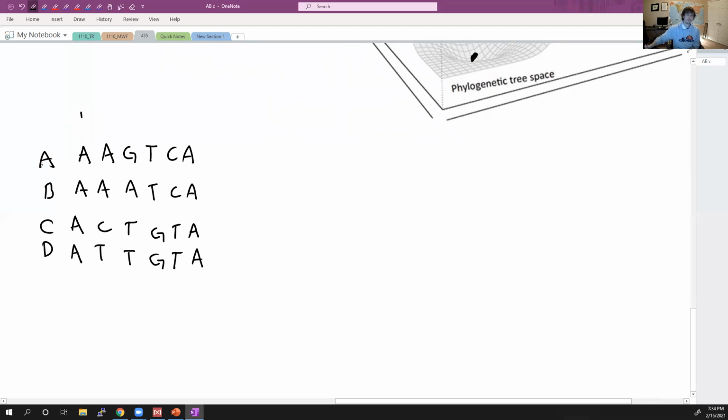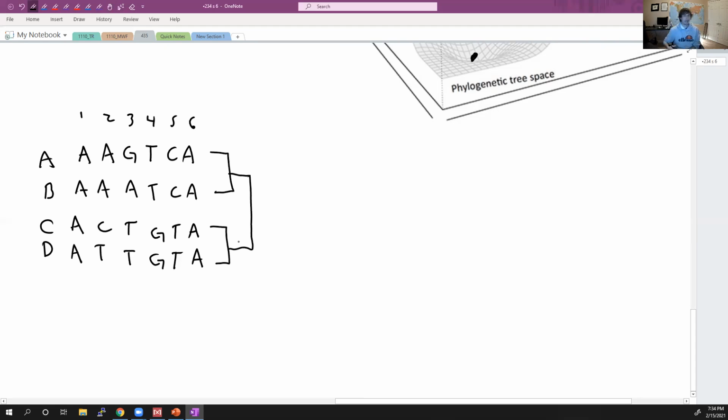We have to recognize this is a matrix where we have rows and columns. So that's column 1, 2, 3, 4, 5, and 6. Now, just looking at this, what would ultimately be constructed would probably be a rooted tree where C and D are most similar, A and B are most similar. And that's going to be our tree shape, if we root it.